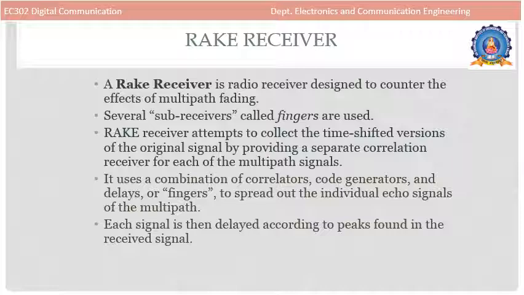So at the receiver side we use different correlation receivers for collecting all these multipath signals. That is the principle behind the rake receiver. It uses a combination of correlators, code generators and delays, or fingers, to spread out the individual signals of the multipath transmission. Each signal is then delayed according to peaks found in the received signal.